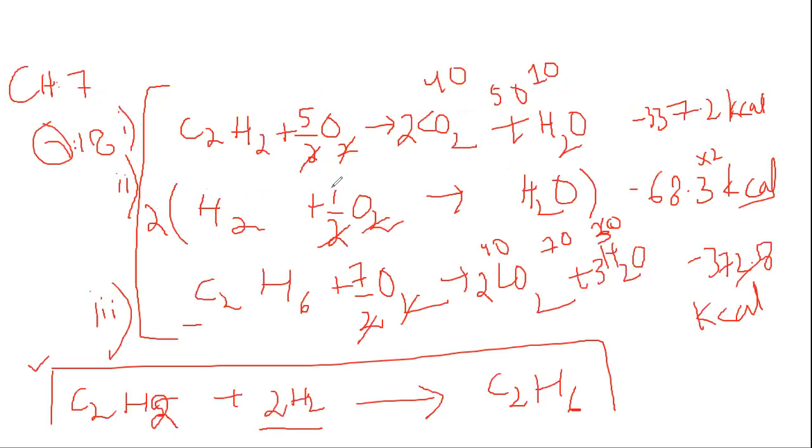If 2 is multiplied with this half, 2 divided by 2 will be cancelled out. Only 1 mole of oxygen gas will remain, with 2 moles of hydrogen gas and 2 moles of water.